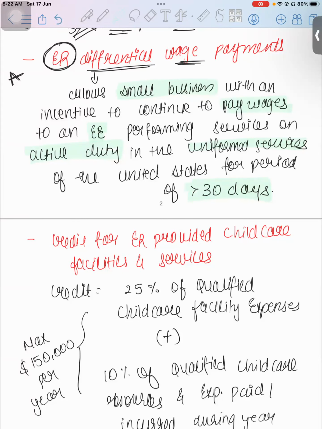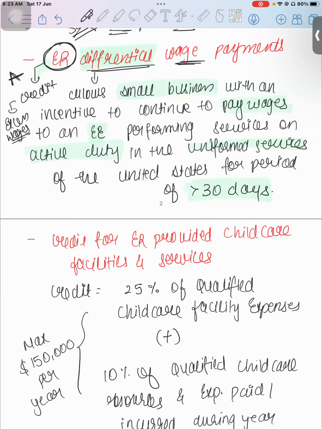The name itself says it: if they are getting higher wages for the same category of work, if they do the same thing within the city or within the state, but outside the state, if you want to promote them to go there and work, and you're paying them a higher amount, then whatever excess wages you are paying, the employer can get the credit for the excess wages.